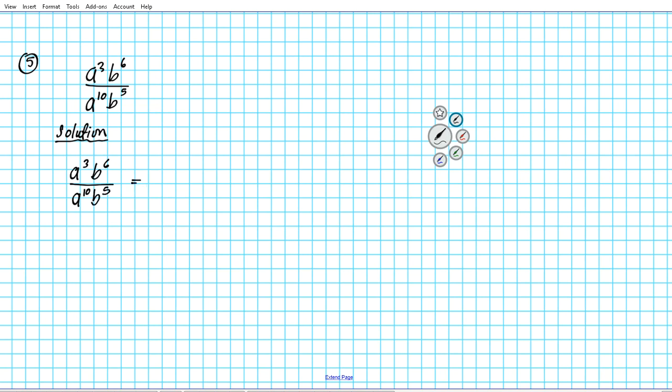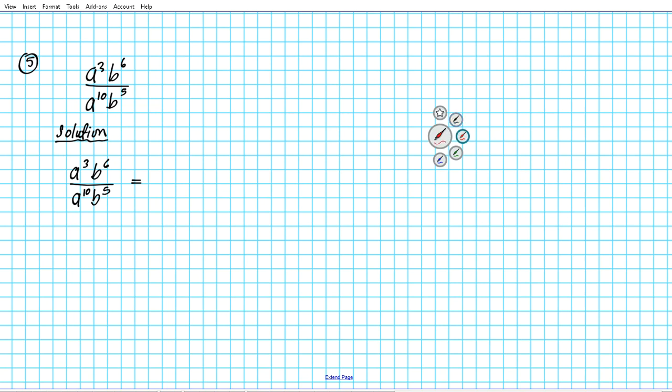Okay, so we're going to do the a's and the b's independently since they have identical bases. Now let's look at the a's. If you look at a to the 3rd in the numerator and a to the 10th in the denominator, these two are going to battle. So which one do you think is going to dominate? It's clearly the denominator, right?